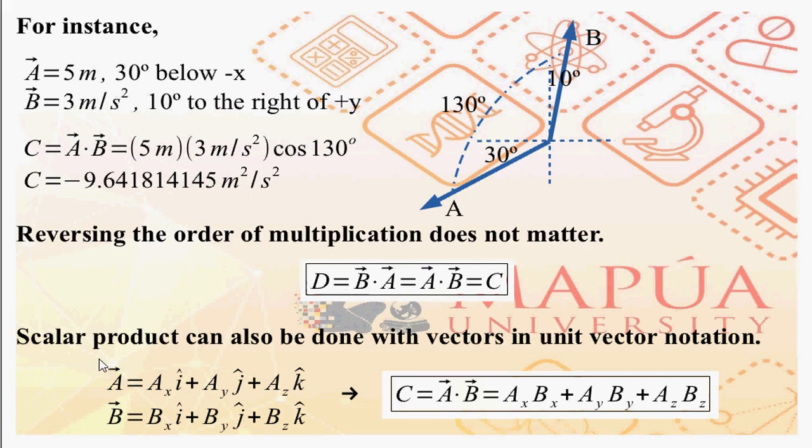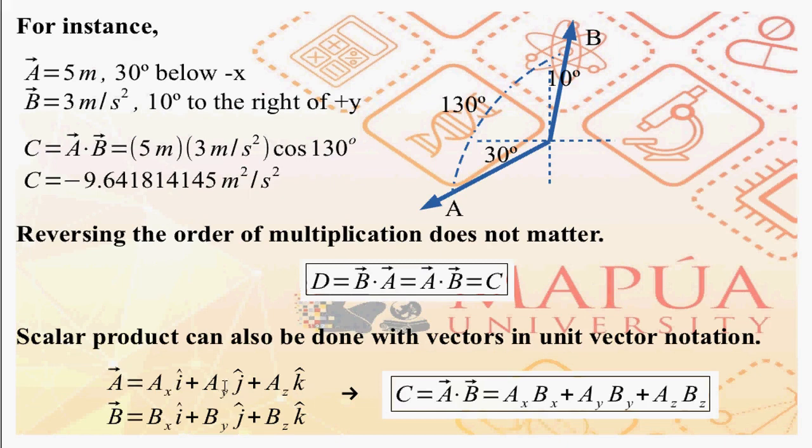The scalar product can also be done with vectors that are in unit vector notation. So say you have vector A is equal to ax i hat plus ay j hat plus az k hat, and B is equal to bx i hat plus by j hat plus bz k hat, and you get the dot product between them, A dotted with B. Just multiply the x components together, ax, bx.